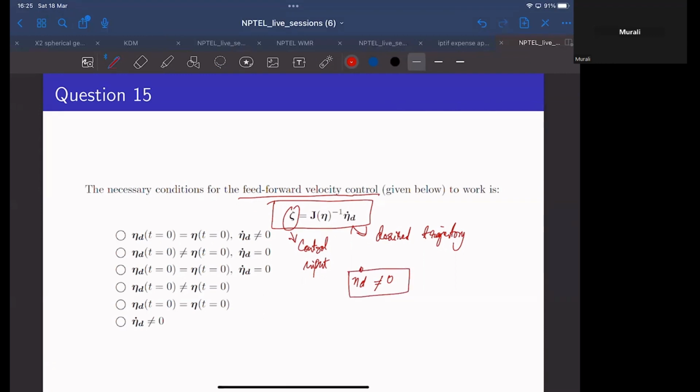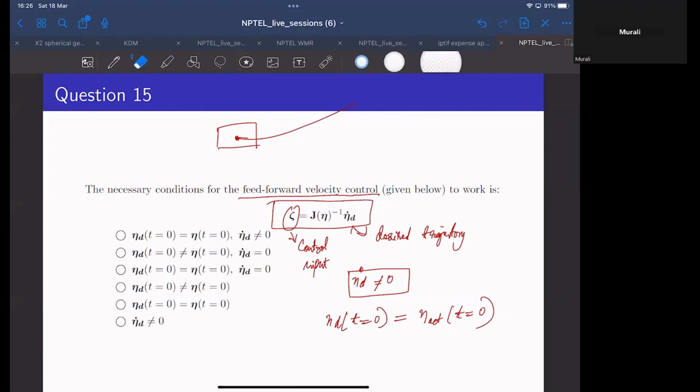And another aspect to consider is that eta desired at time t equal to 0 should be equal to eta actual at time t equal to 0. The initial condition of the robot, where the robot is actually starting, it should basically start from the initial position of the desired trajectory.